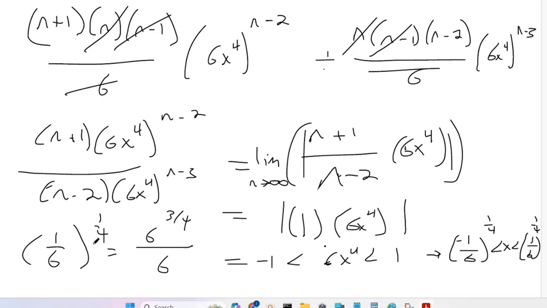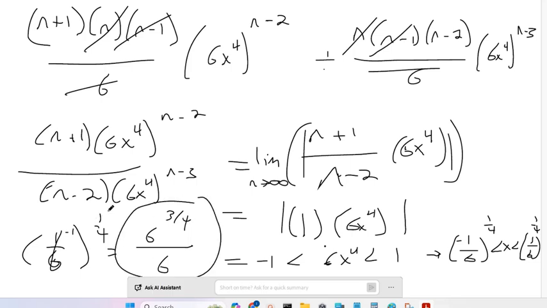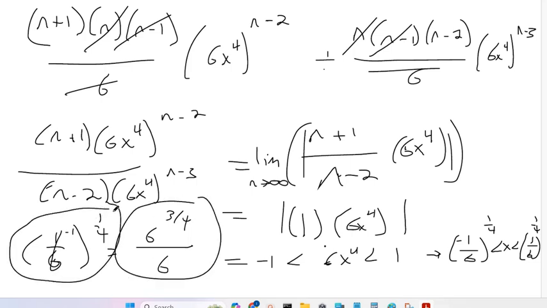I got a positive 1/4. Oh, no, that is equivalent. I'm sorry, because this is 1/6, so that's 6 to the negative first. So this is what Newton wrote. What I wrote is equivalent, just in a different way. So I think it would accept either answer.